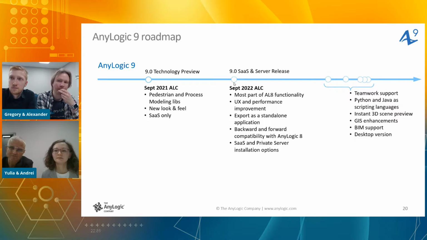It will have most of the AnyLogic 8 functionality, and it will be available for public cloud subscribers, and to private cloud users as well, because it's very natural, you know, to add AnyLogic 9 to the private cloud installation.